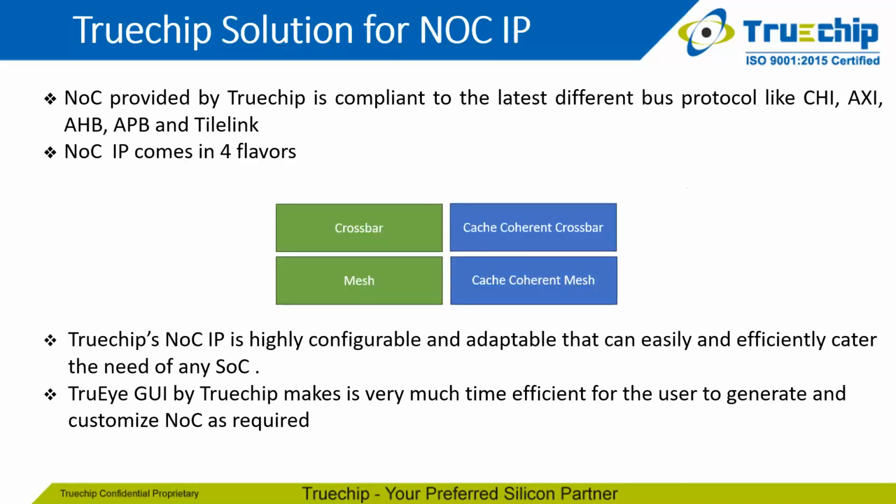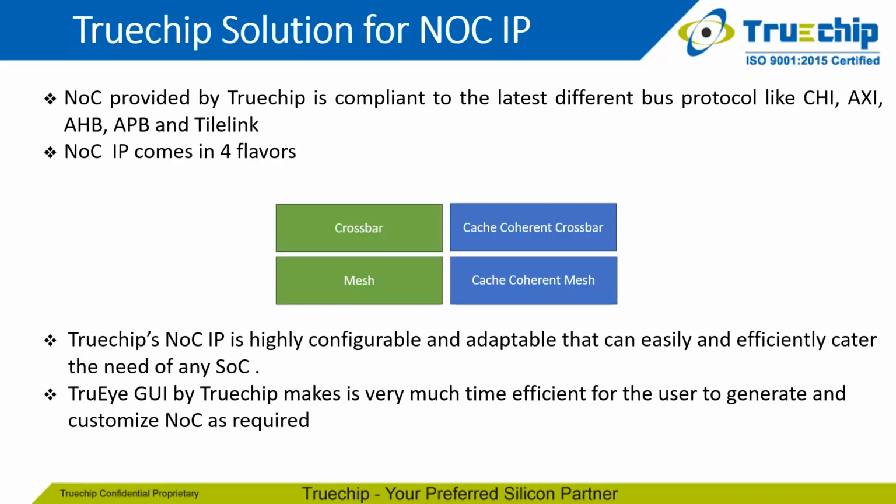Okay. Now let's talk about Truechip Solutions NOC IP. The NOC IP provided by Truechip is compliant to the latest bus protocols like CHI, AXI, APB, AHB, and tiling. And being compliant with the latest bus protocols, it also supports all the legacy versions. NOC IP comes basically in 4 flavors, which are crossbar and cache coherent crossbar, mesh and cache coherent mesh.